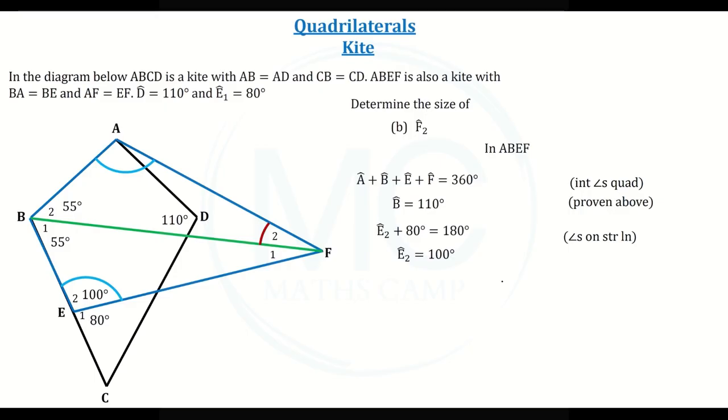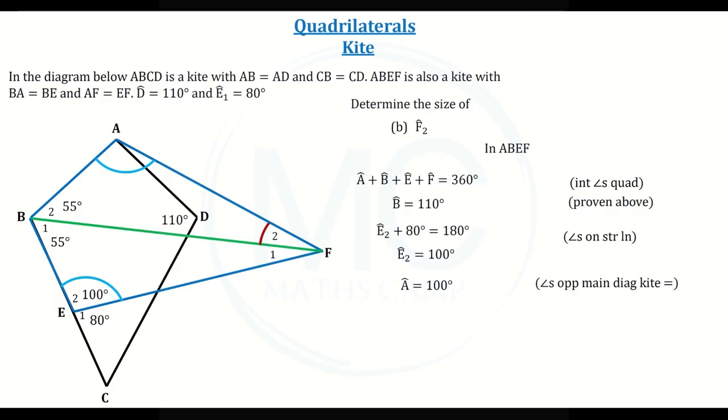We have just found that angle E is 100 degrees, which means that angle A must also be equal to 100 degrees. And as our reason, we say because the angles opposite the main diagonal of a kite are equal. Now we have enough information to find the size of angle F.